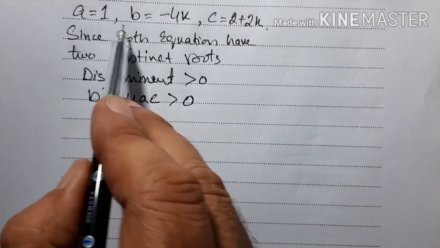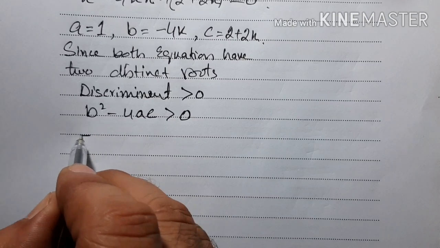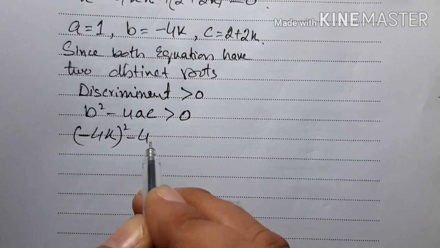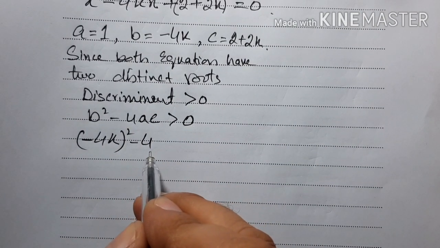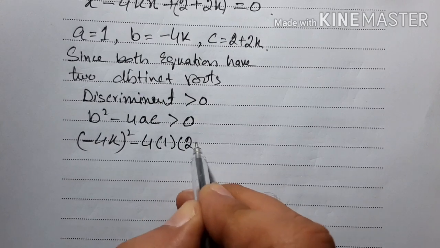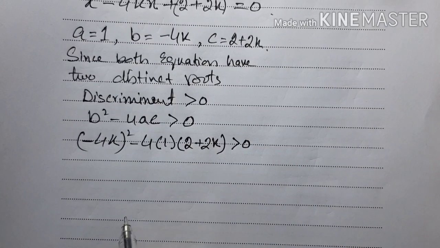So I'll put these values here. It will be minus 4k square minus 4 into 1 into 2 plus 2k is greater than 0.